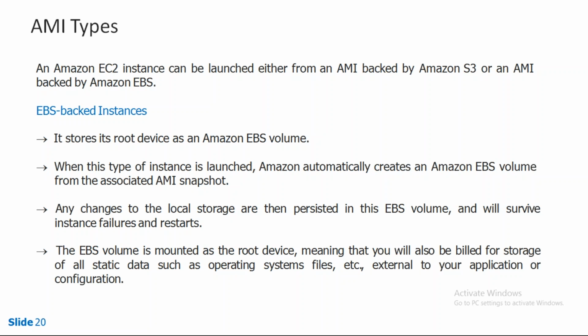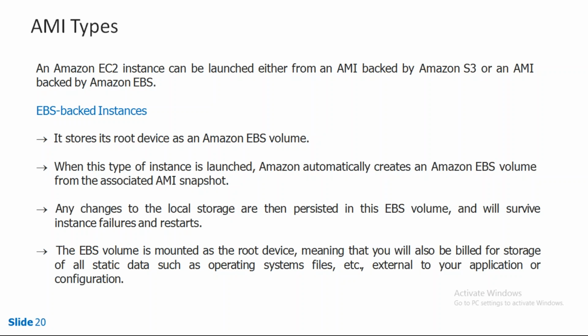So first thing is EBS backed instances. EBS stands for elastic block storage. It stores its root device as an Amazon EBS volume, which is nothing but the volume you take along with that instance. The entire AMI configuration, that OS and all, will be installed in that EBS volume.